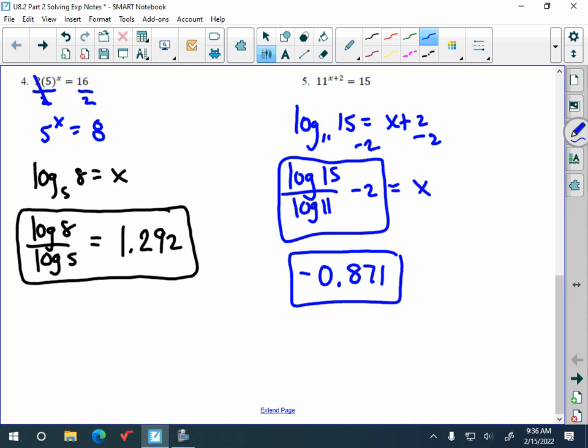So the other way you could do it is rewrite it as log base 11 of 15, minus 2. If you have a calculator that allows you to put a subscript in, then you could write it like that.